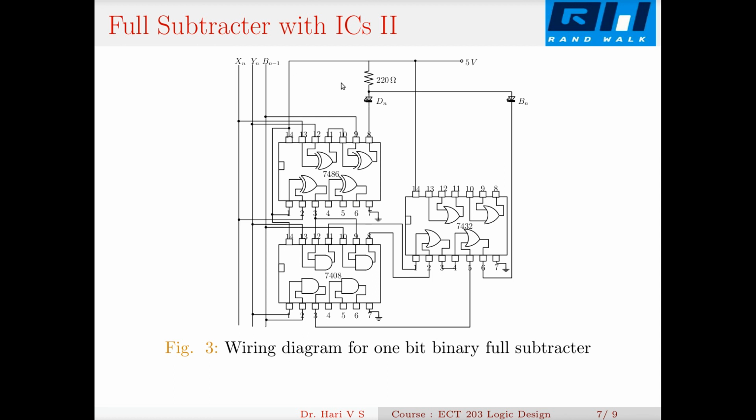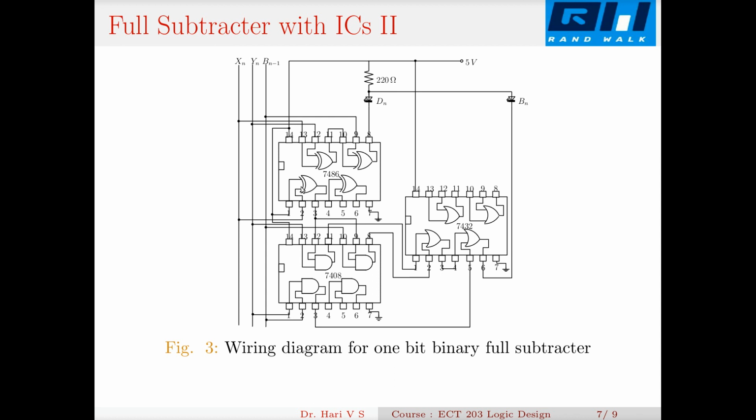That goes without saying. Now we have to make an inverter, because you need X bar. So what I do here is this 5 volt supply comes to this IC. Along with that, it goes to the input of one exclusive OR gate, making this an inverter.